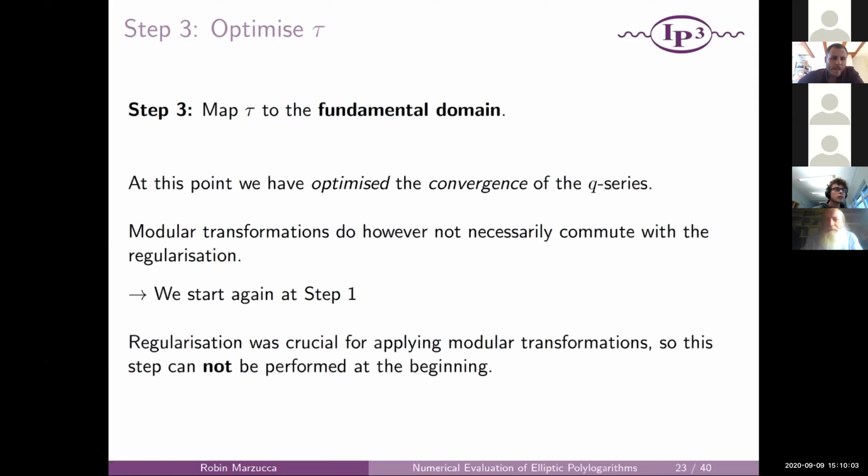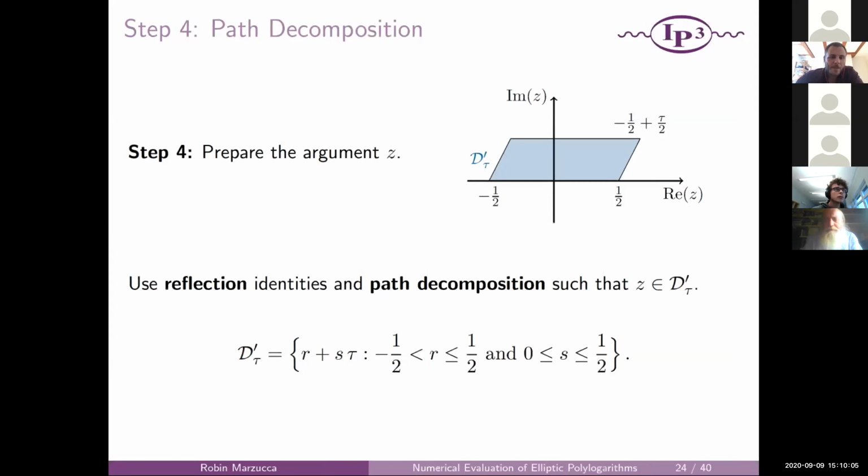Okay, once we've done that, we come to step 4, which is to prepare the argument Z, so the upper integration boundary. In particular, we want Z to be in this half of the fundamental domain d tau, which we call d tau prime. And this can be easily done as well.